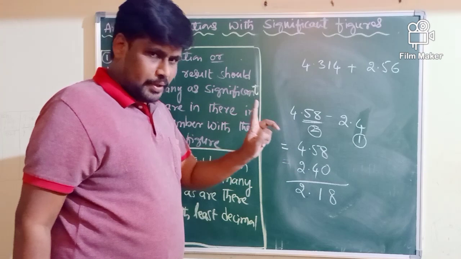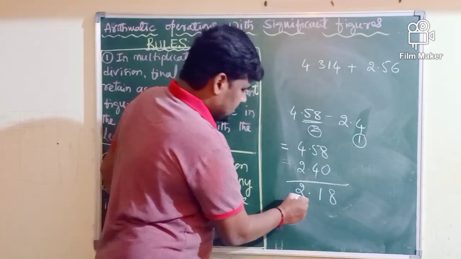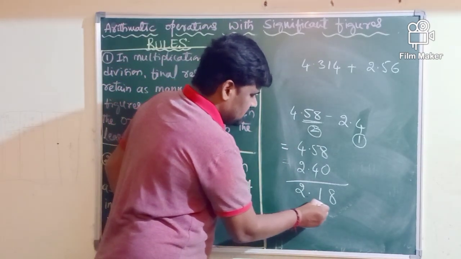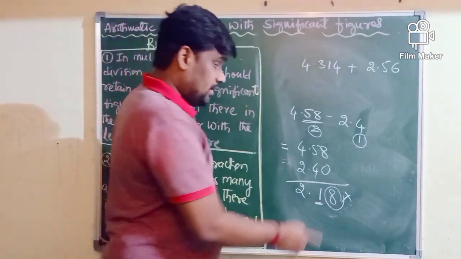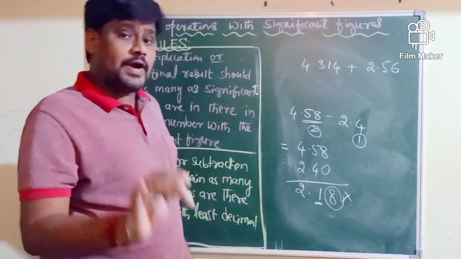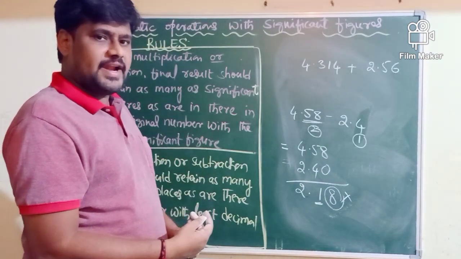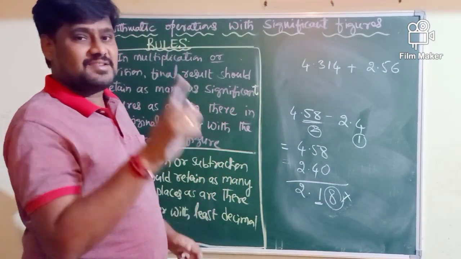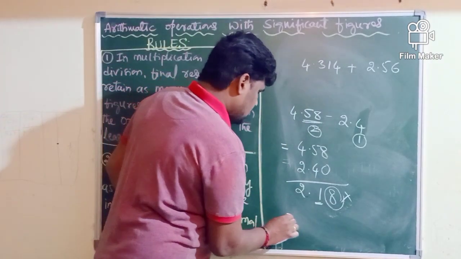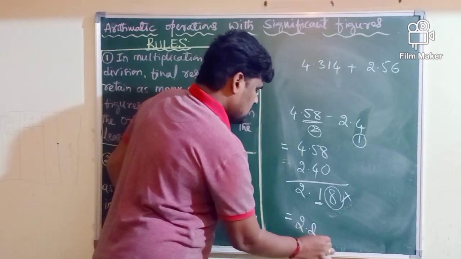So I have to write up to this digit. This digit should be dropped. The digit to be dropped is greater than 5 here. If the digit to be dropped is greater than 5, as I said, the preceding digit should be increased by 1. If you increase by 1, your answer should be 2.2.